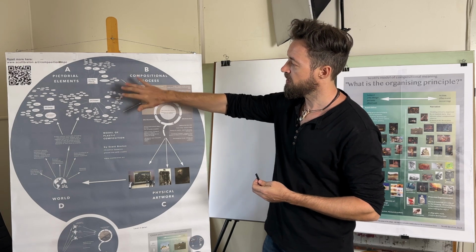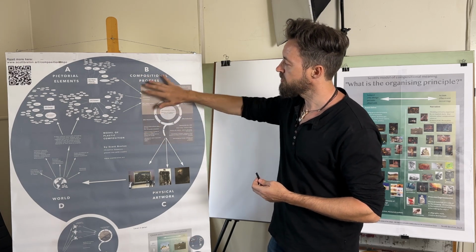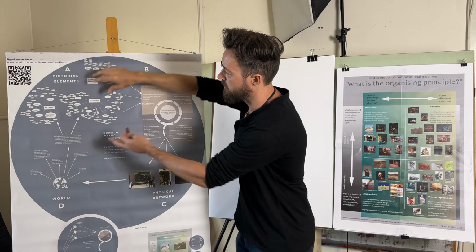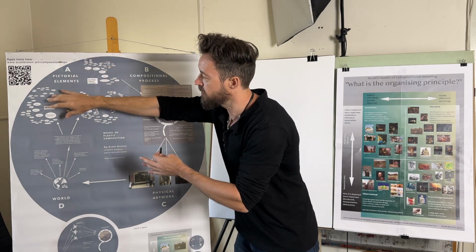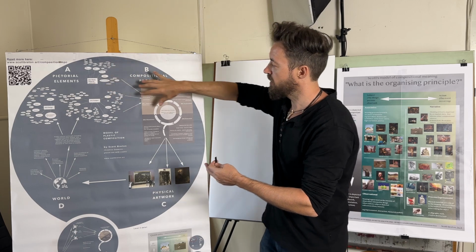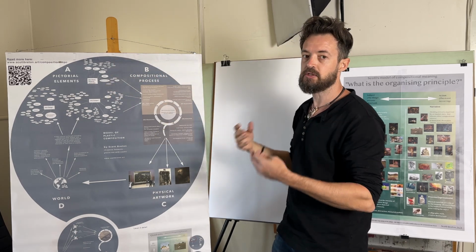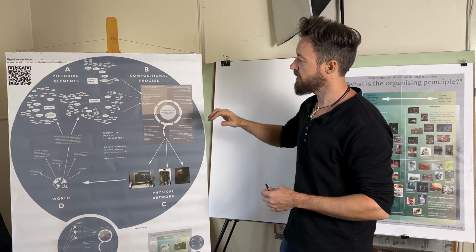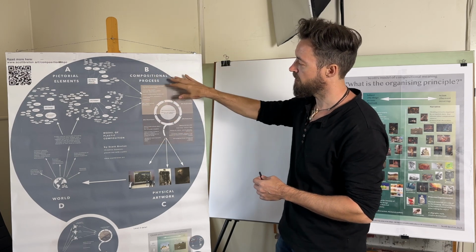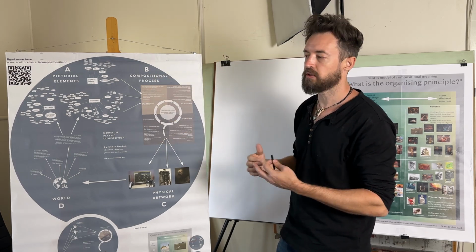So the second part of this process is about the types of things that we do as artists to work these elements. We've started to pick out what we're going to be including here, and we are starting to weave them together into some satisfying whole. And so this is divided into different categories, and I'll be talking a little bit about them.